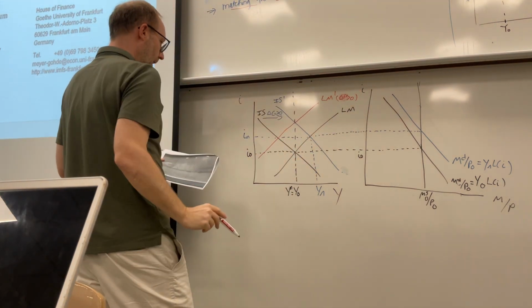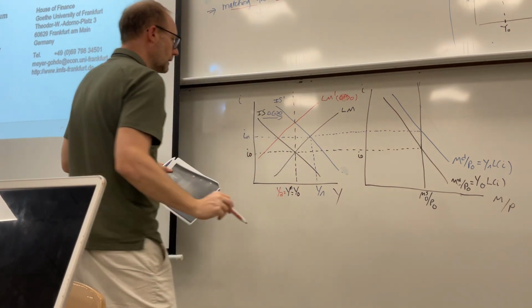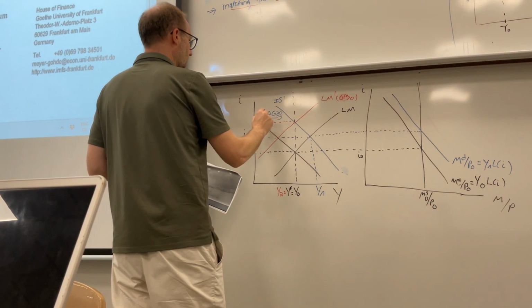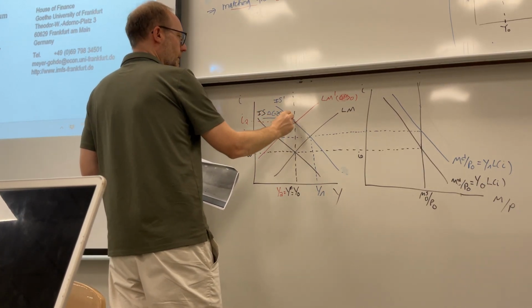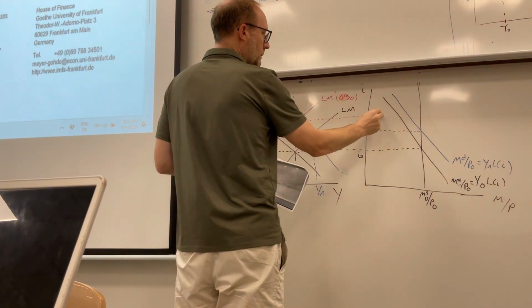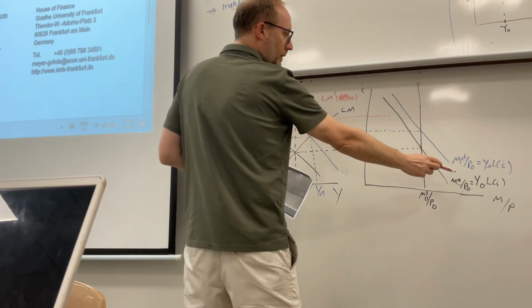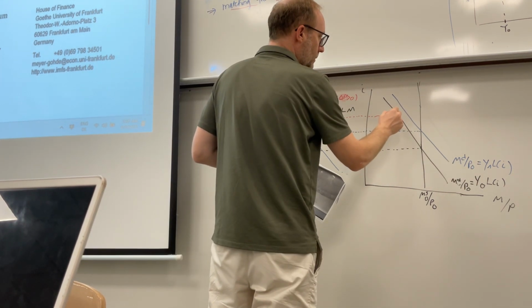we're back in our natural rate of output. Right? We have this interest rate. Because when we go out here, well, wait a second, if output goes back to its initial level, this means the original money demand function is what we have.